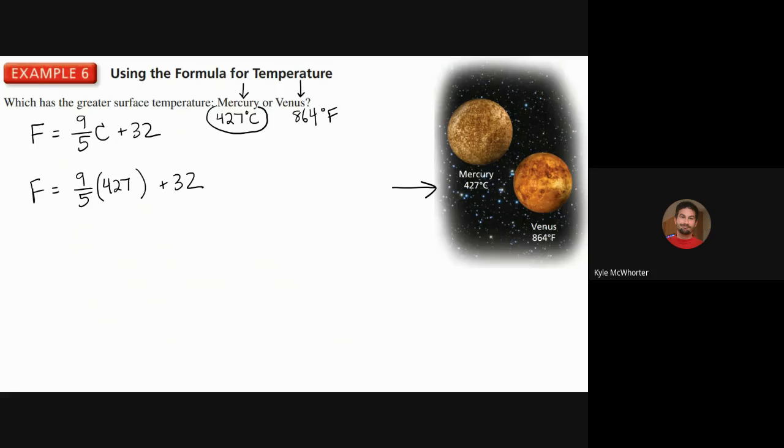and I get 768.6. So 768.6 plus 32. So plus 32 would give us 800.6.